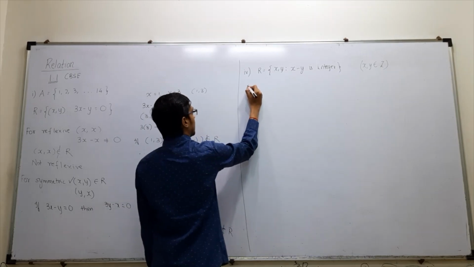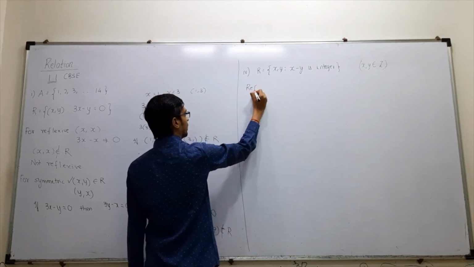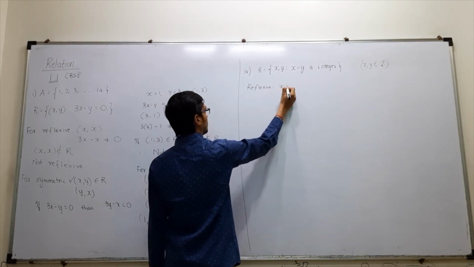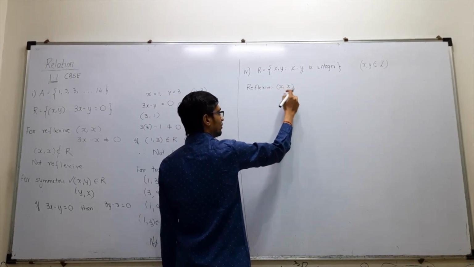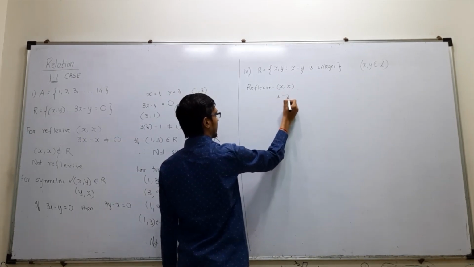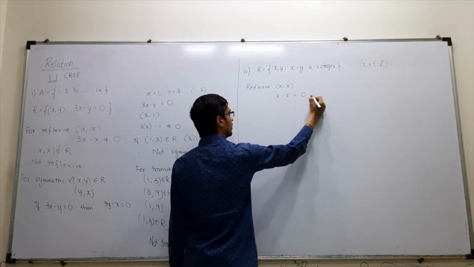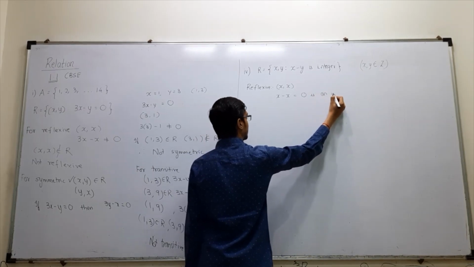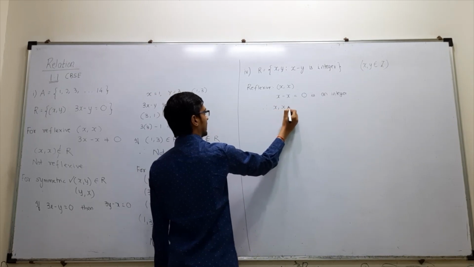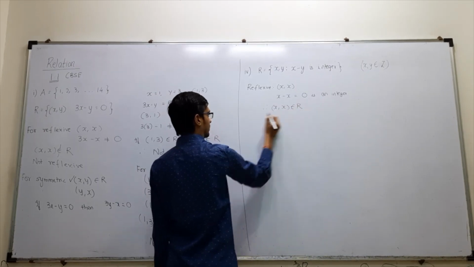So again, it is impossible to check for every number, so I'll start with reflexive, that is x, x. We have to check whether x, x belongs to R. So x minus x will give me 0, which is an integer. Therefore x, x belongs to R.